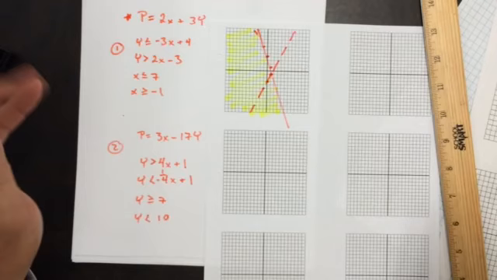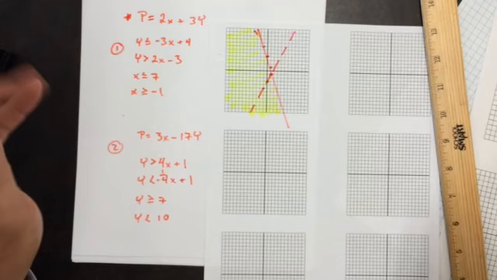Then we're going to do P equals 3 times -12 minus 17 times 7, -36 minus 119, -155.